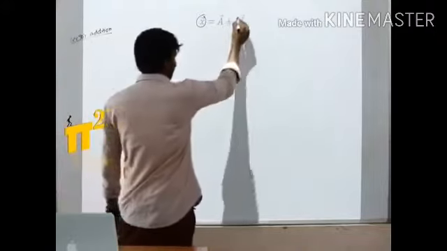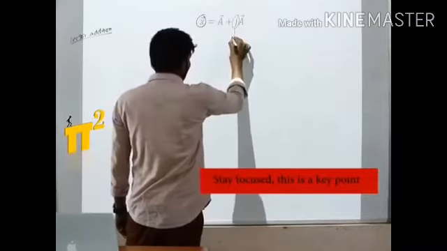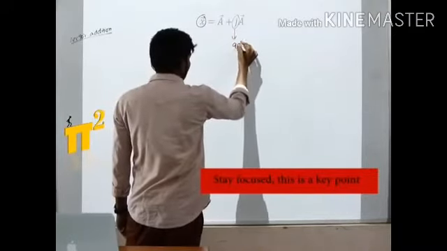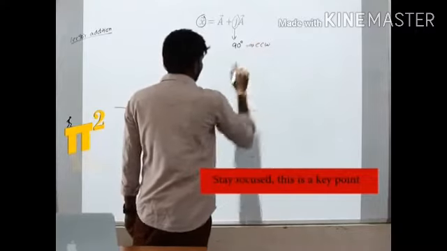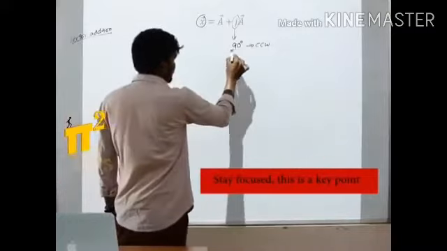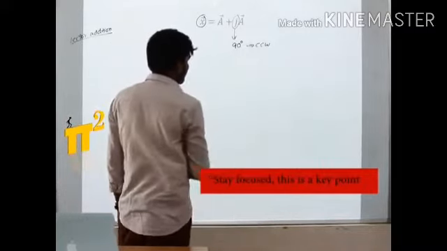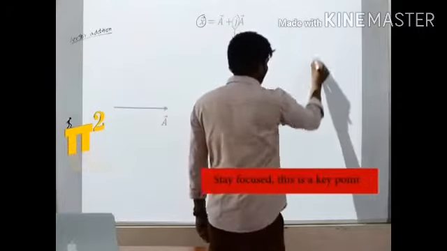Here the point is, what is this j? J is an operator which represents 90 degrees counterclockwise direction. It's just an operator which represents 90 degrees counterclockwise direction. How you got this? You got it from mathematics. Simple mathematics.